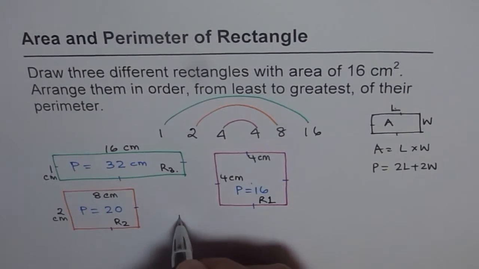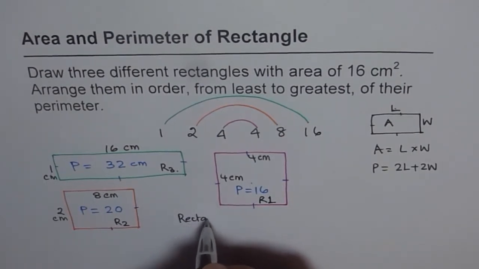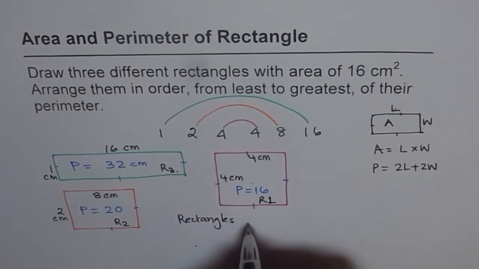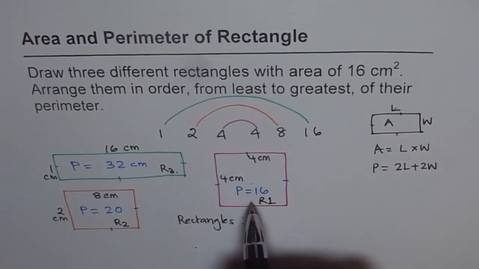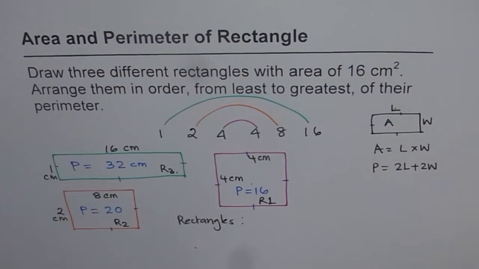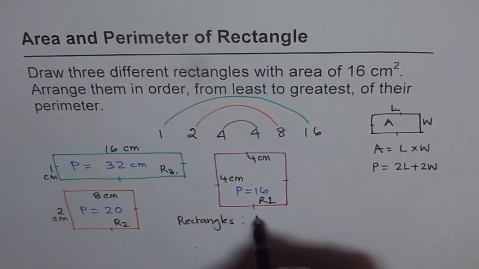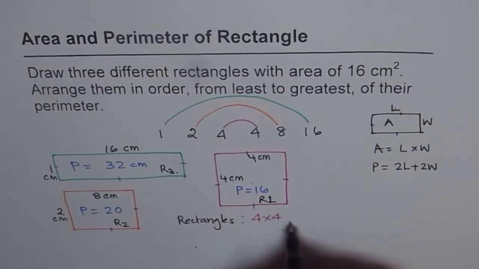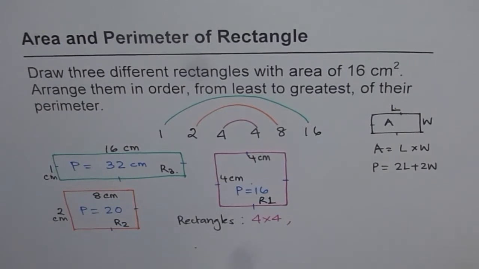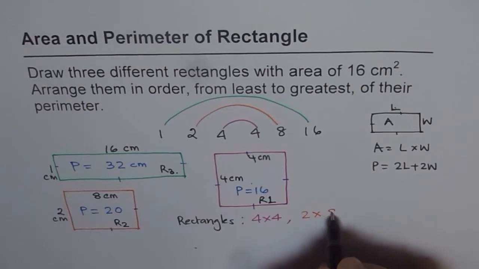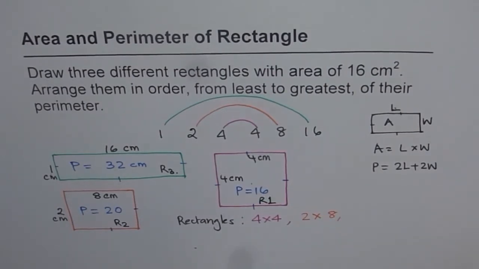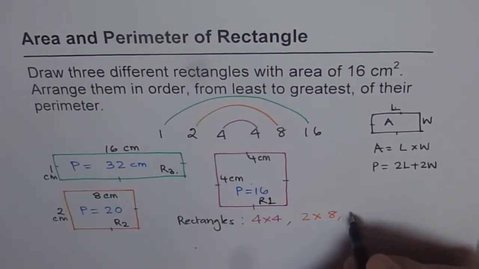So my rectangles from least to greatest as far as perimeter goes, their dimensions are: 4 by 4, that is the first one, and the second one is 2 by 8, and the third one is the green one, which is 1 by 16.